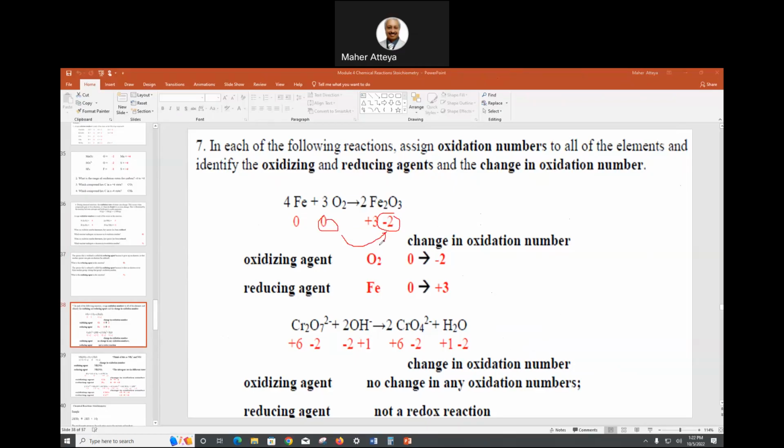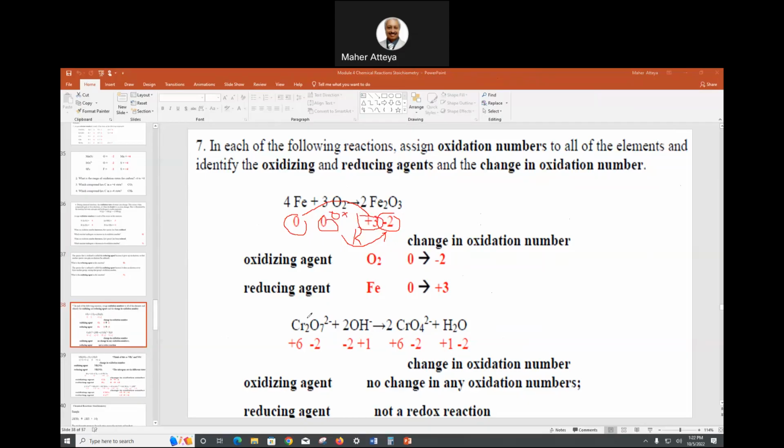Minus 2 is less than 0, correct? So this is reduction. I will say R, so you know this is R. But then you have iron going from 0 to plus 3. So this is what? That's an increase. So this is oxidation.